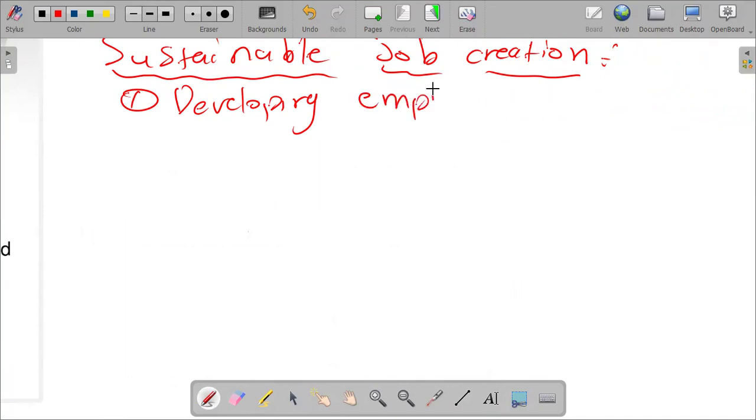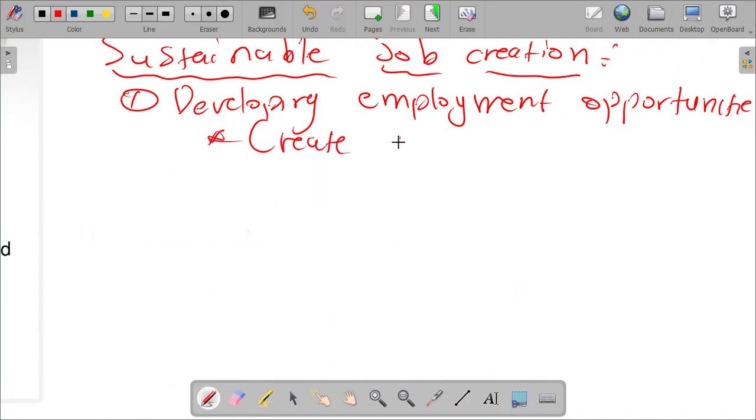What does that mean? It means that we create work for the people of a country.